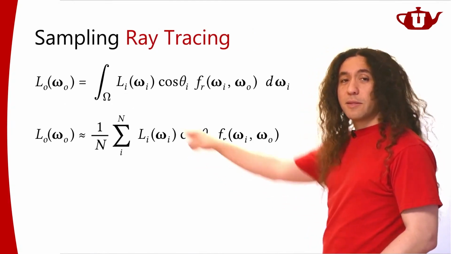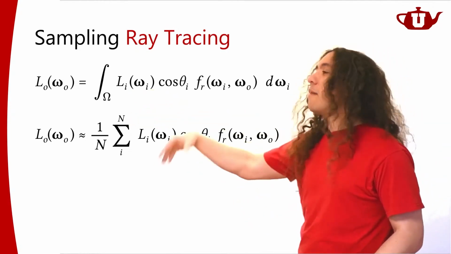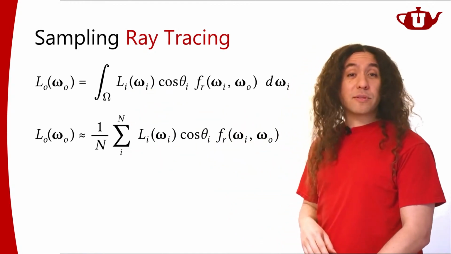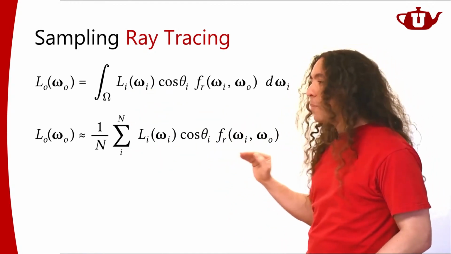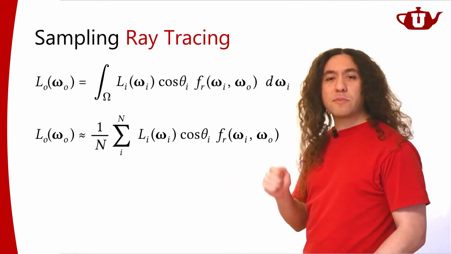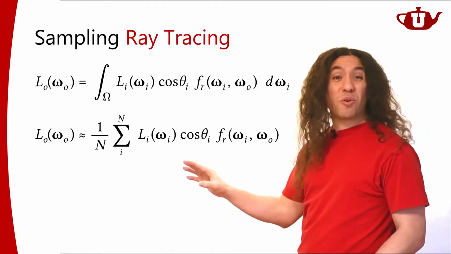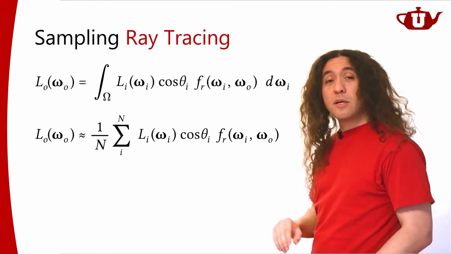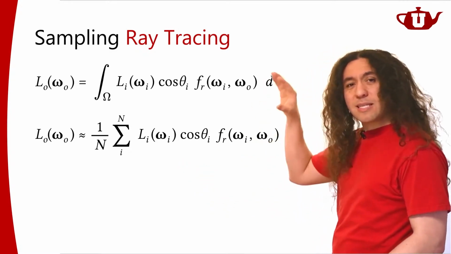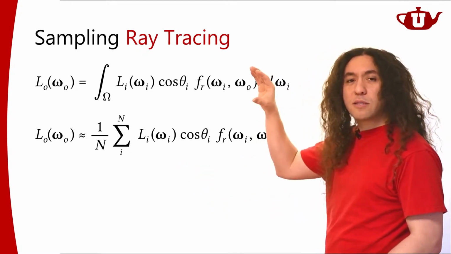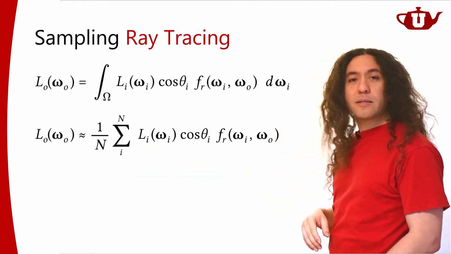So this is the integral converted into a sum, or an average, of n samples. Now it's a bit more complicated than this, because how you pick your samples becomes important. I'm skipping some of the details, like importance sampling, which is super important, but basically this is the general idea: you convert this integral to an average like this.